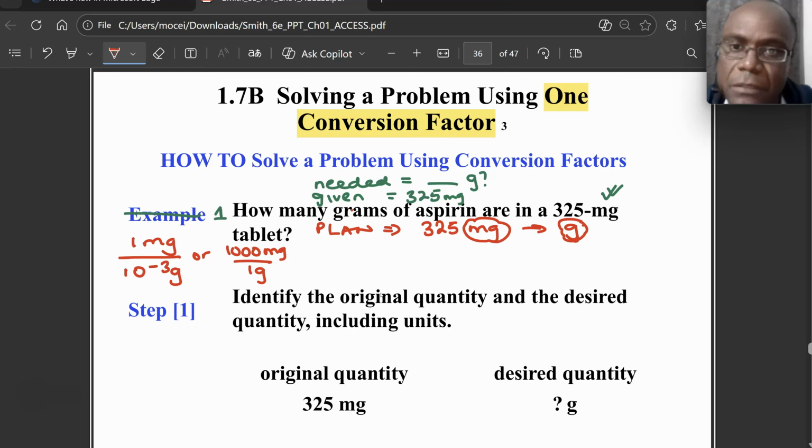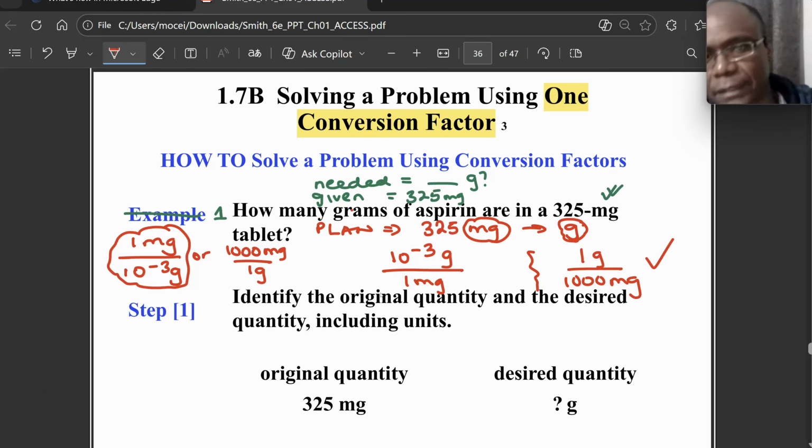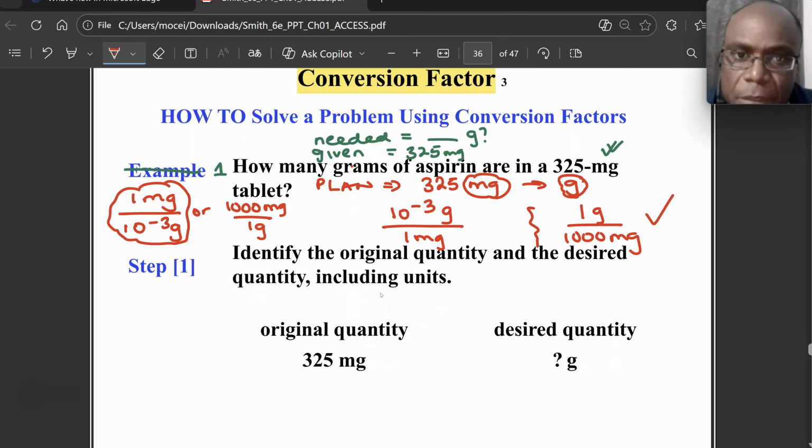But since we are going to the gram, we would want our gram to be the numerator, as you had in your table. So 10 to the power minus 3 gram is really 1 milligram. But like I cautioned you, if another person uses the other version, the answer will still be the same, because it's like multiplying the numerator by 1,000 and the denominator by 1,000.